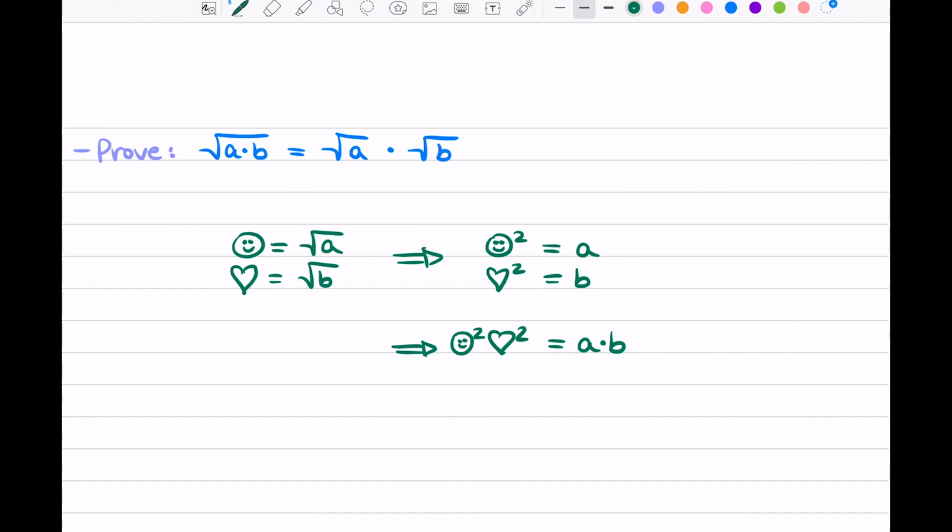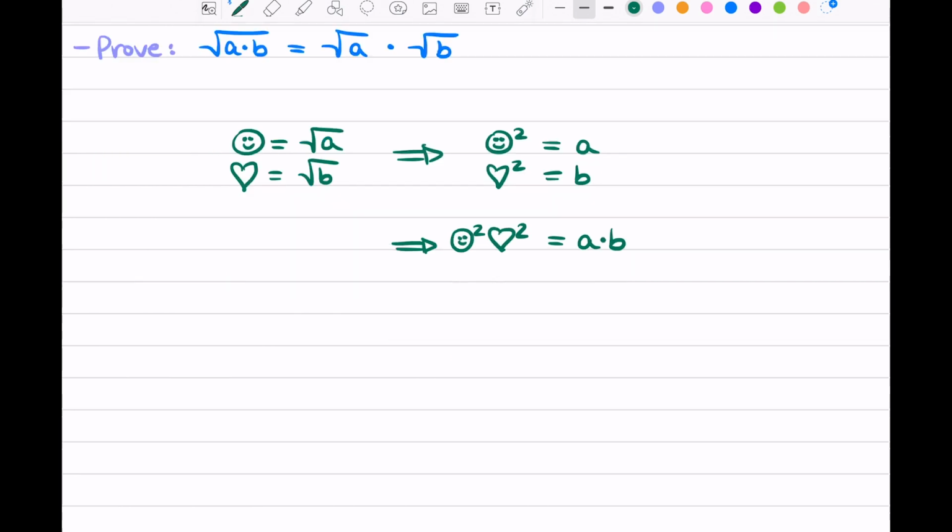I encourage you to review the system of equations video where we combine equations just to review this idea. But since smiley face squared is equal to a and heart squared is equal to b, we essentially have a times b is equal to a times b. All right, let's keep going.